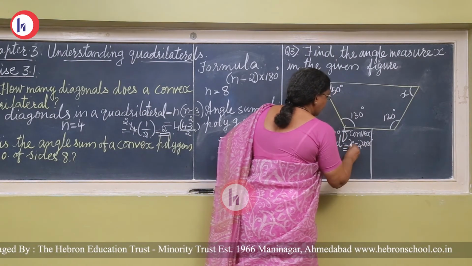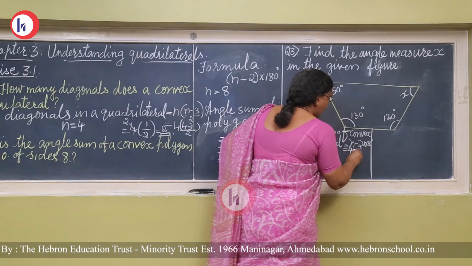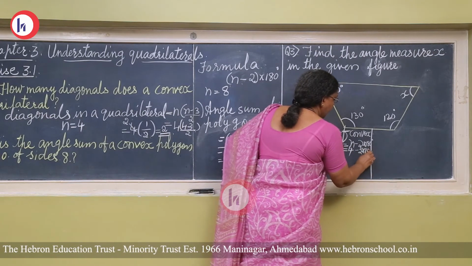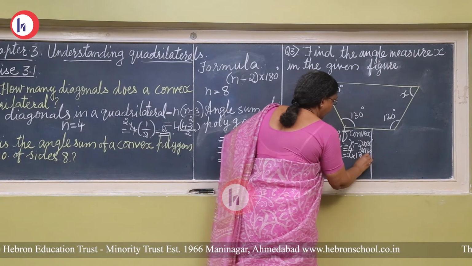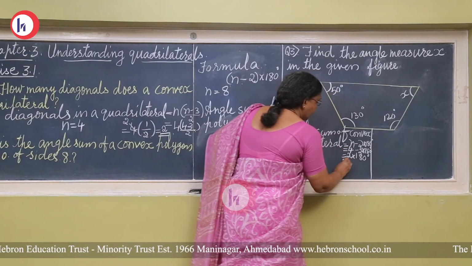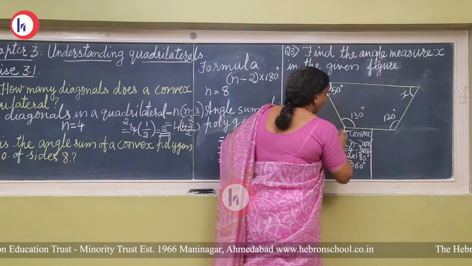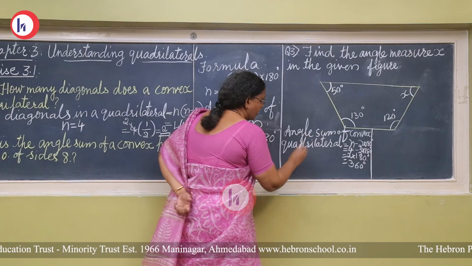That means n is here 4. 4 means quadrilateral, sides are 4. 4 minus 2 into 180, that is equal to 2 into 180 degree, that is equal to 360 degree. So the angle sum of the given quadrilateral we can find out.